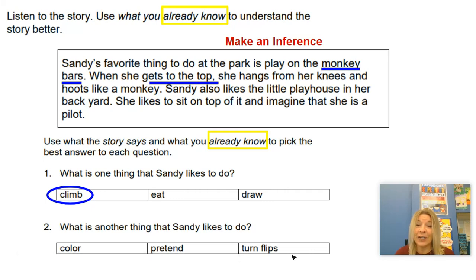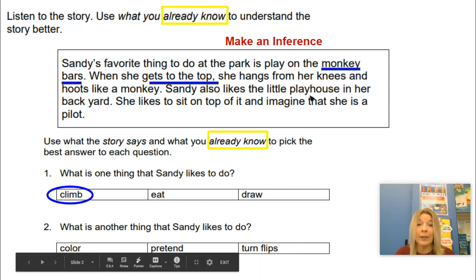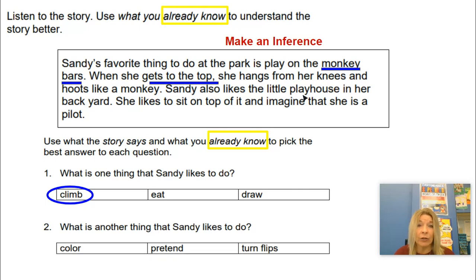Did you get your answer ready? Remember, you have to think about what you would underline or highlight in this text to be your evidence, to prove you're right, to show those details that support your answer. Let's see if you got it right.